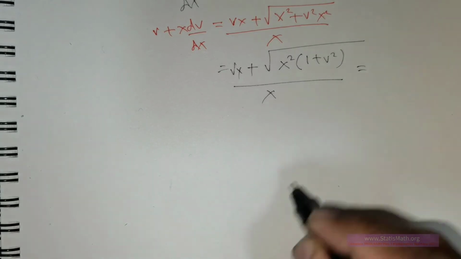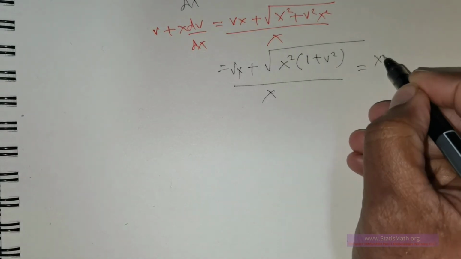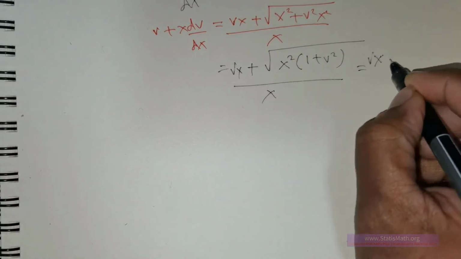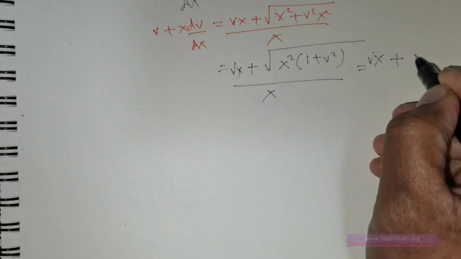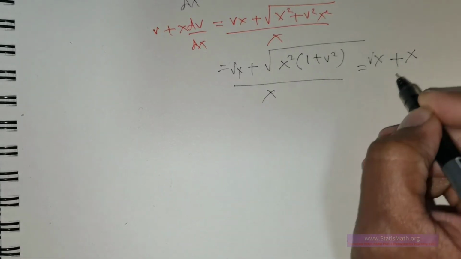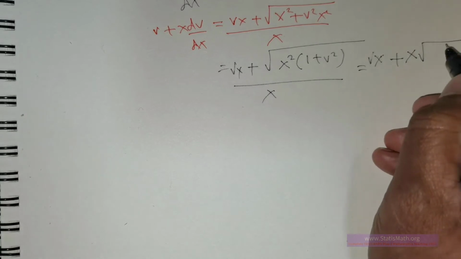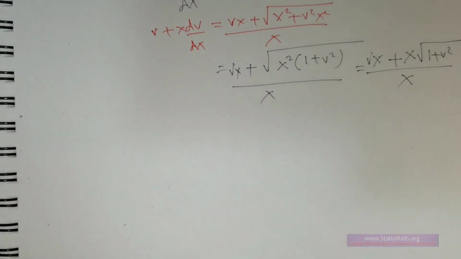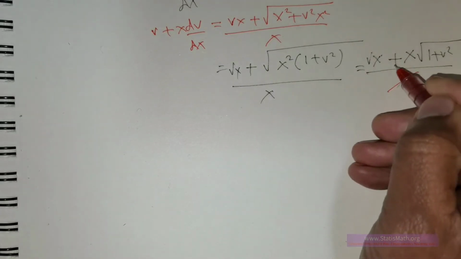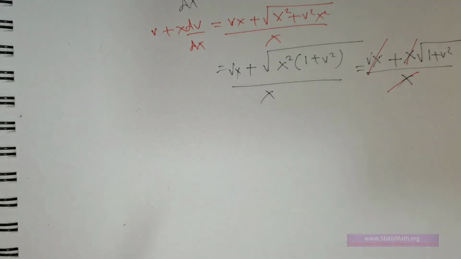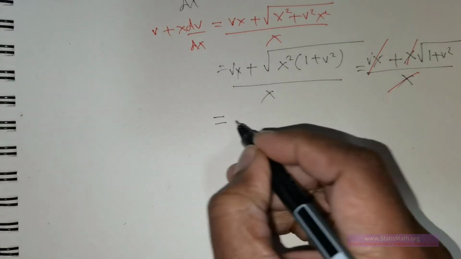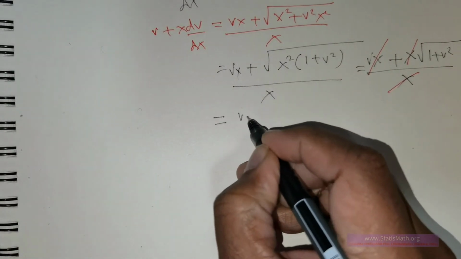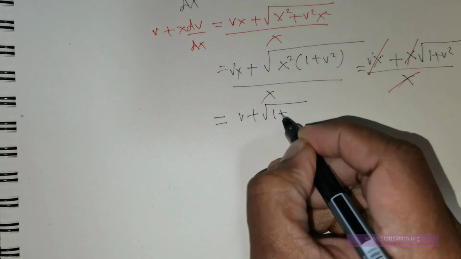Now this can be rewritten as vx plus, x coming out of the square root, x times √(1 + v²), divided by x. The x in the denominator cancels with the one in the numerator, giving v + √(1 + v²).